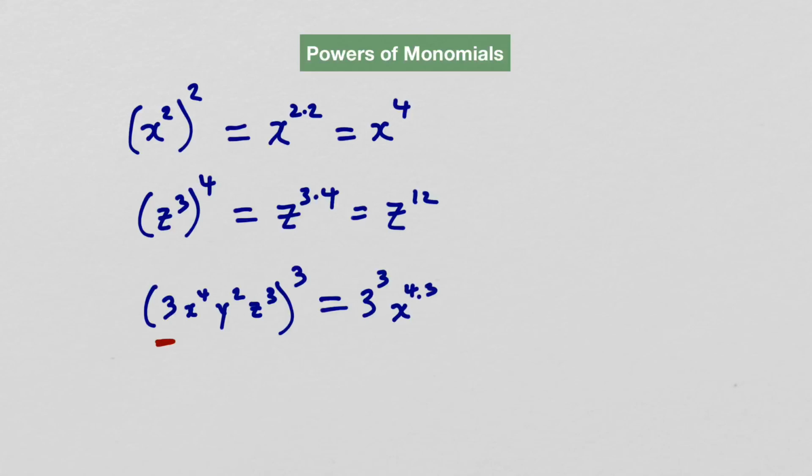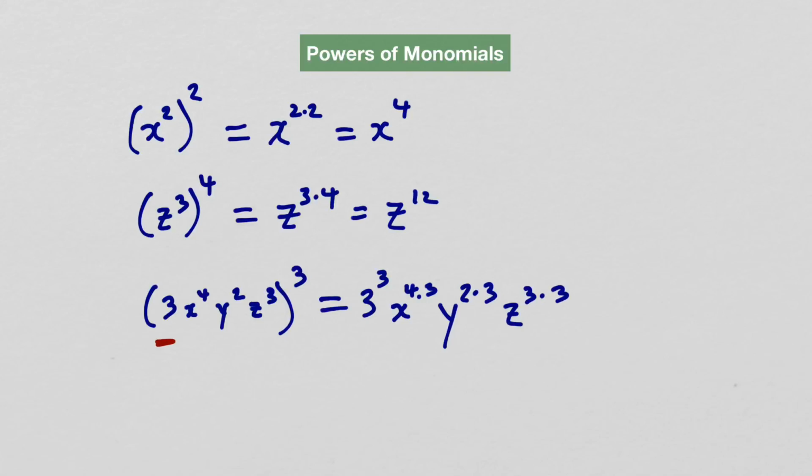The next one is y, and it is raised to the 2nd power, but also to the 3rd power, so you multiply them, 2 times 3. Okay, and then z, raised to the 3rd power, raised to another 3rd power, which is 3 times 3.